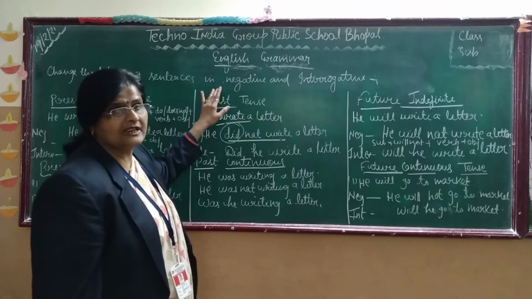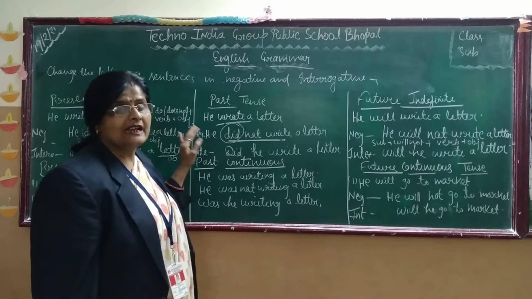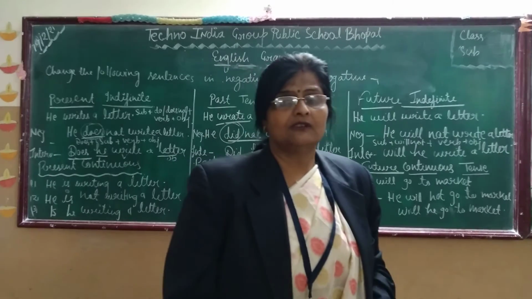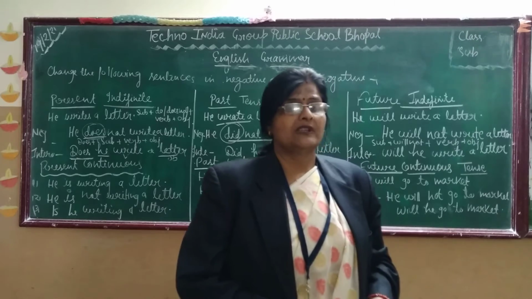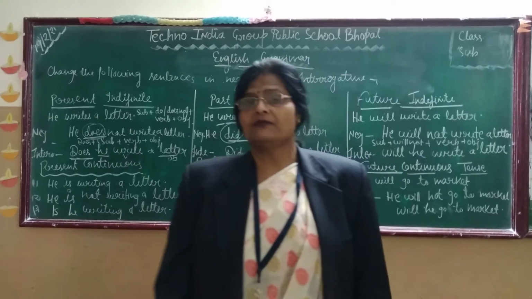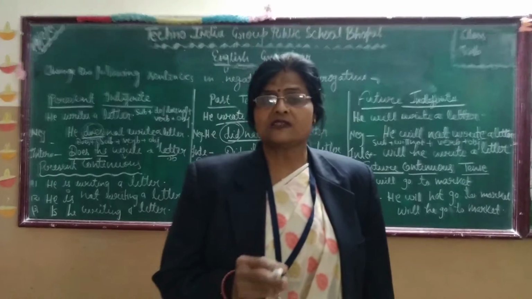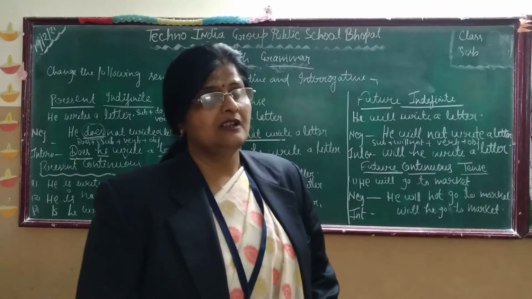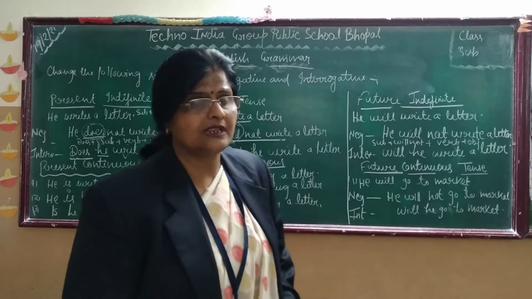If we change into the negative sentence, then in the past tense we always use did not. And always remember this. With did we always use the first form of the verb. जहाँ हम did use करते हैं वहाँ पे हमेशा first form of the verb use होती है.